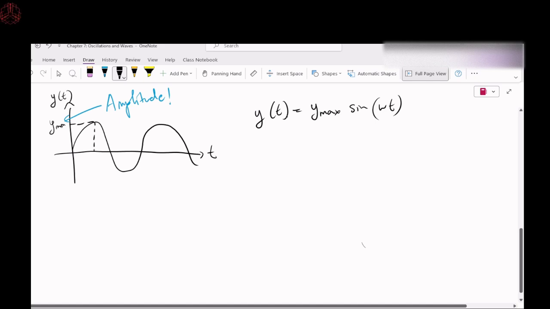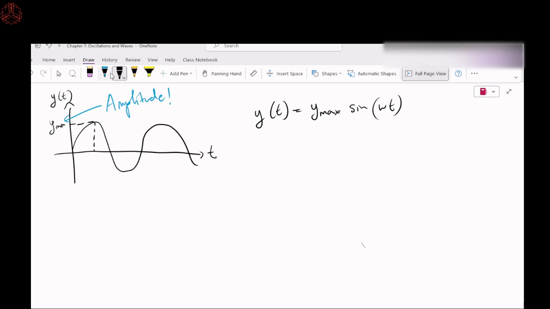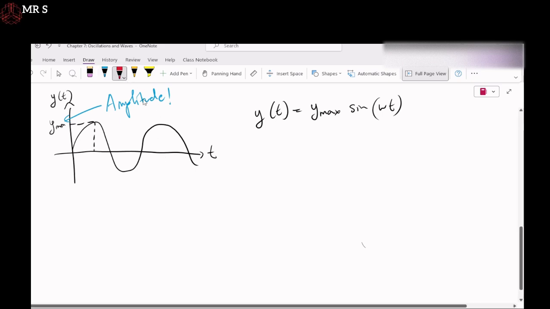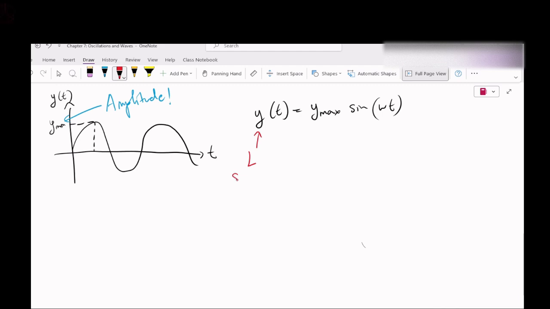Now again, we have our function y(t) equals y max sine omega t. I want to clarify to you that this generally will have dimensions of length, and its SI unit therefore will be in meters.